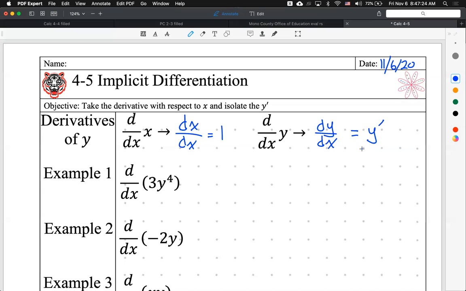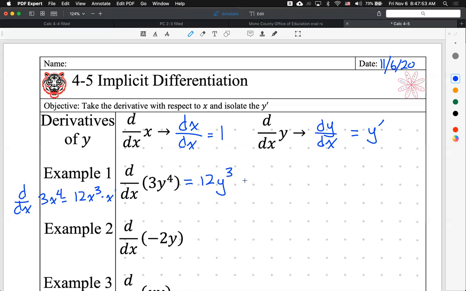Let's try it. Take the derivative with respect to x of 3y to the power 4. So it's still power rule. Andrea, you want to give it a shot? Yeah, 12y to the third. But normally, if I had d/dx of 3x to the fourth, we would say this is 12x to the power of 3 times x prime, which was just 1.